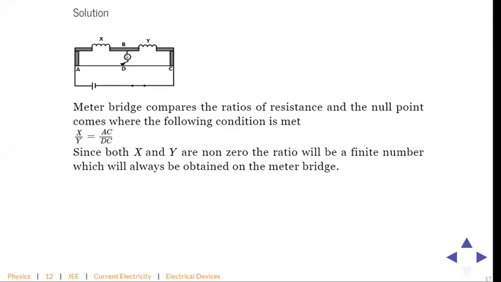Yes, in potentiometer, it is possible. But when you talk about meter bridge, the second length is 1 minus x, right? Got it? Okay. So I hope all of you understood this.